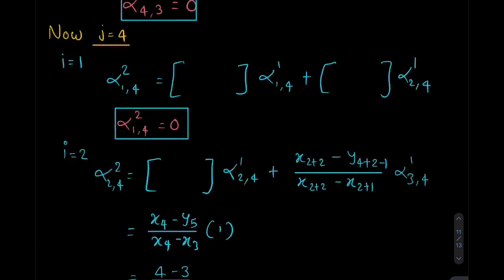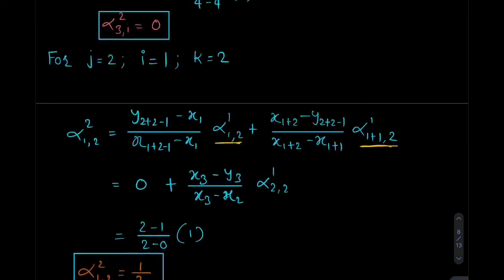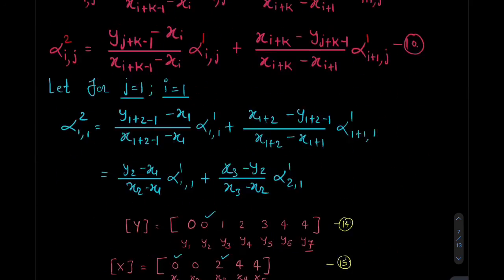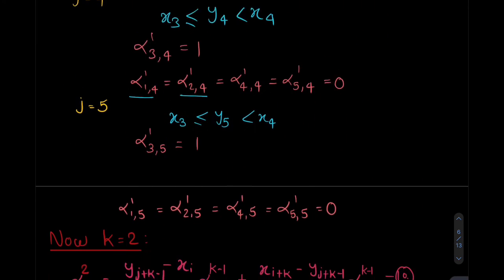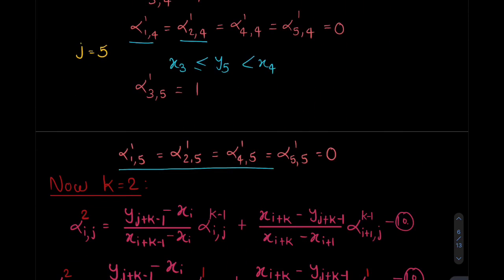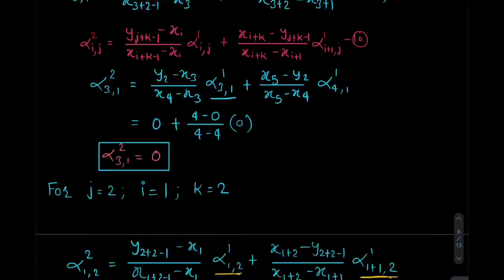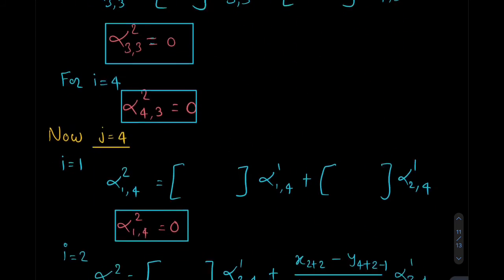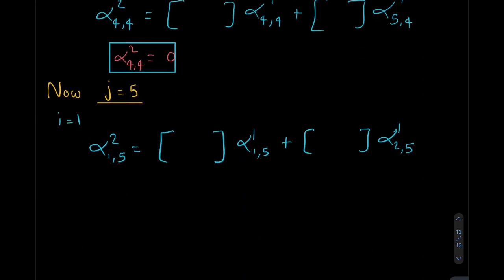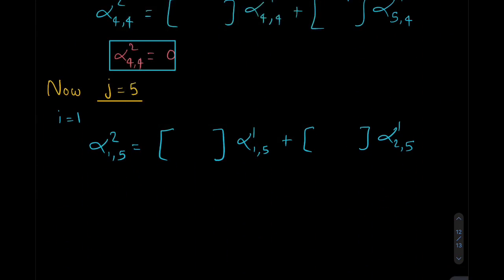Okay, so let us check for what was the condition for fifth loop. Okay, so y5 only, okay, all values except 3 5 are 0. So naturally 1 5 and 2 5 which are involved in alpha 1 5 are 0. So straight away we can write alpha 1 5 as 0.